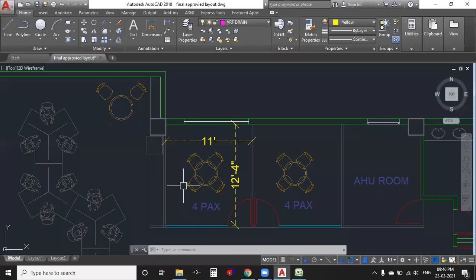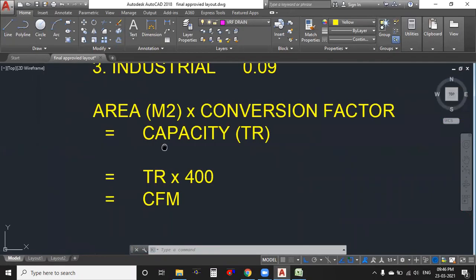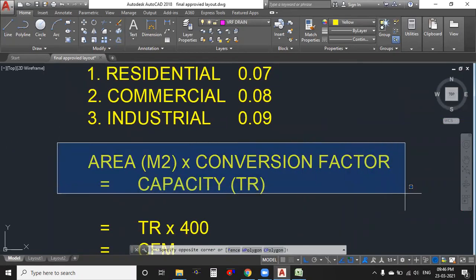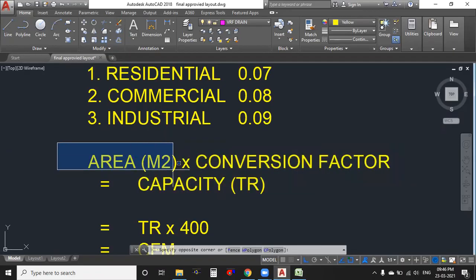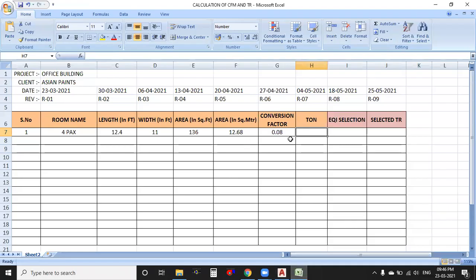So here we have the formula for finding TR. What is the formula? Area in square meters into conversion factor. Area in square meters means this one or this one? 12.68.